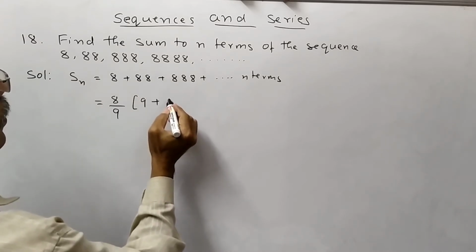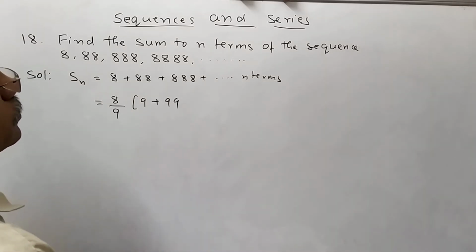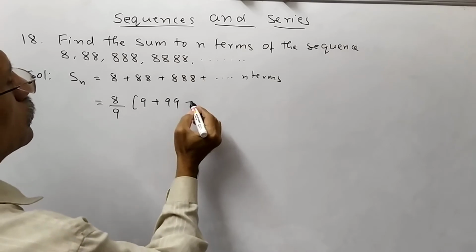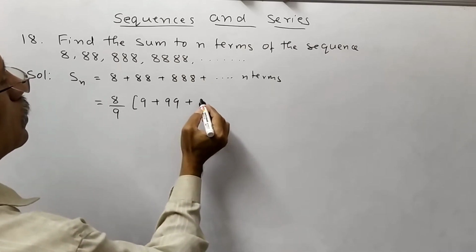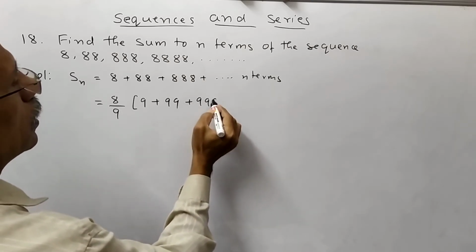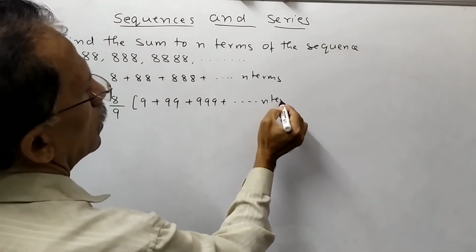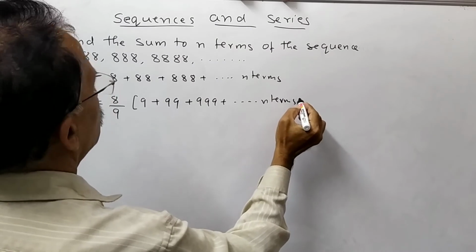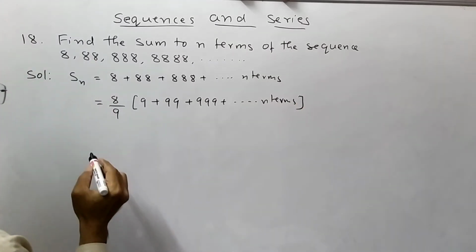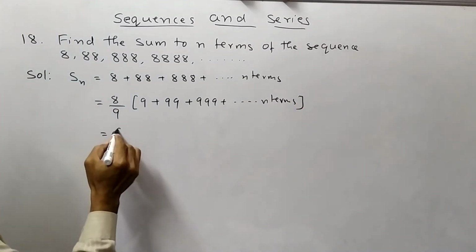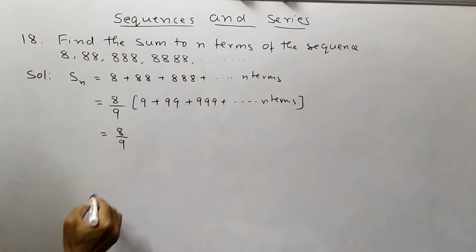Similarly, 99 plus 999 plus so on, n terms, is equal to 8 by 9.